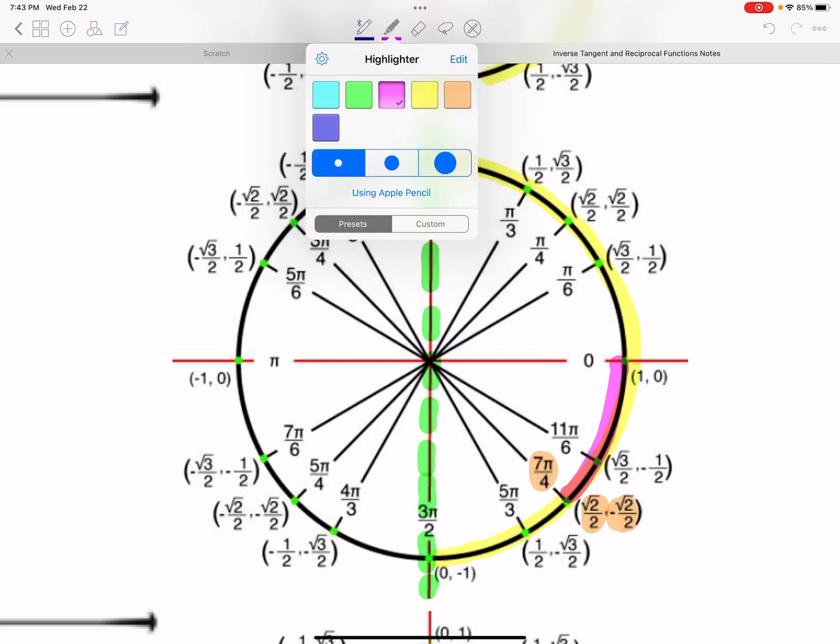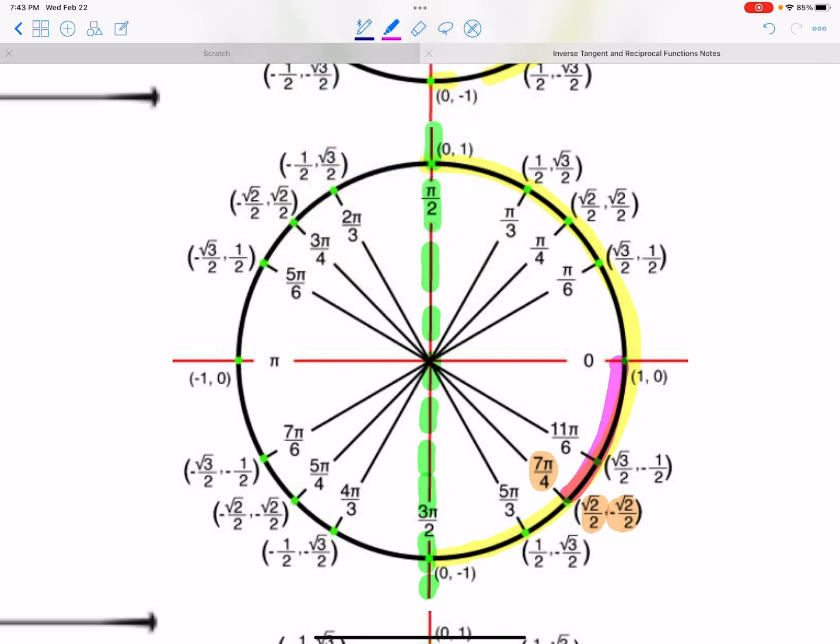Instead of going up pi over 4 to get there, we're going to rotate down pi over 4 to get where 7 pi over 4 is. So we're going to reclassify this as negative pi over 4. And technically, if we had landed here, this would have been negative pi over 6. And if we would have landed here, this would have been negative pi over 3.